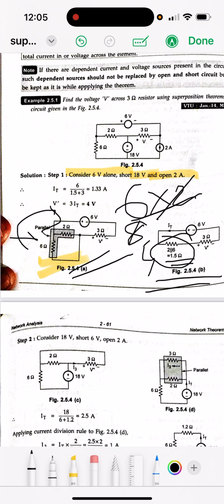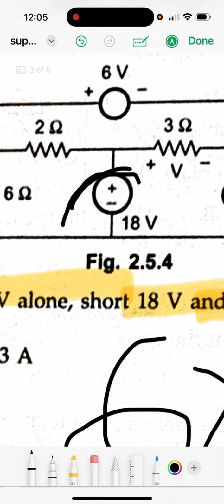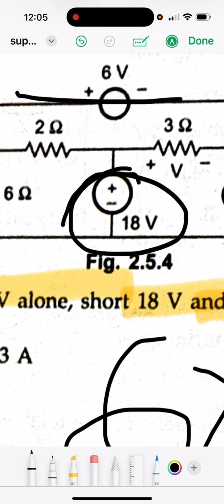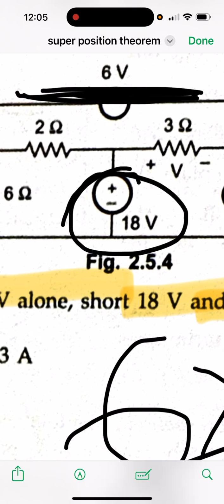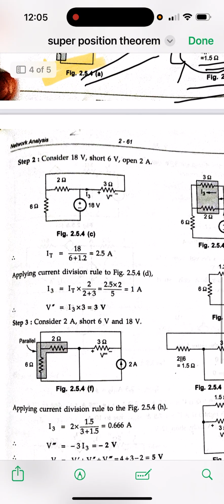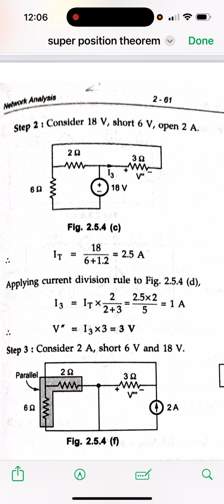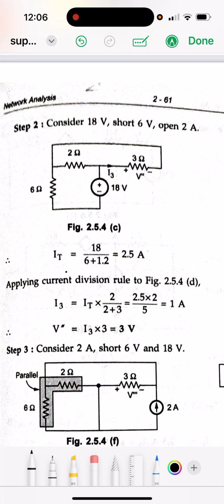This is my step 2. In step 2, I'll take this 18 volt, and I'll short this 6 volt. Again here, I is equal to V by R. V is 18, and the resistance is 6 plus 1.2 ohm.